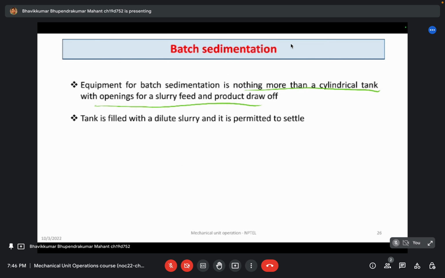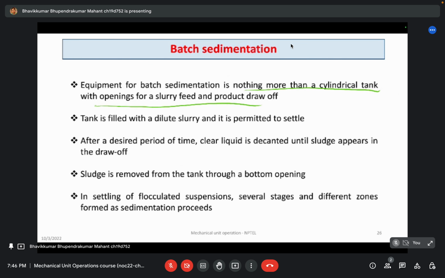After a desired period of time, the clear liquid is decanted until sludge appears in the drop. Sludge is removed from the tank through the bottom opening.